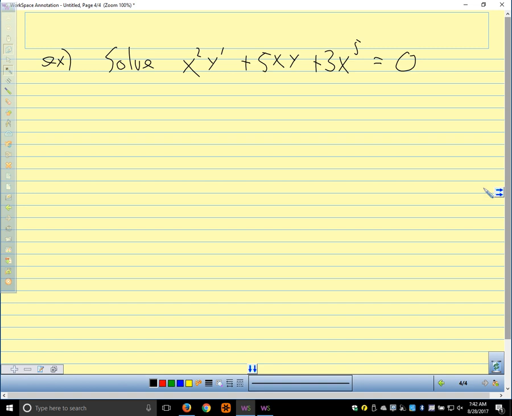All right, what do we need to do first here? We need to get it in standard form, right? In standard form, the coefficient on y prime is 1, and we need to have q of x on the right-hand side. So standard form is y prime, and I'm going to divide everything by x squared, plus 5 over x times y equals, and get this over onto the other side, minus 3x to the third.